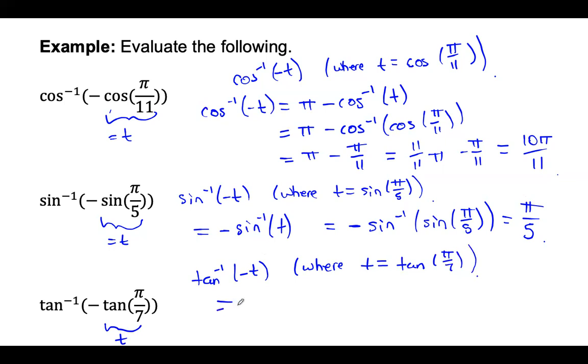So this means we bring it up front, so negative tan inverse of t, and then we can plug in our t again. So negative tan inverse of tan of pi divided by 7. This is just equal to negative pi divided by 7.